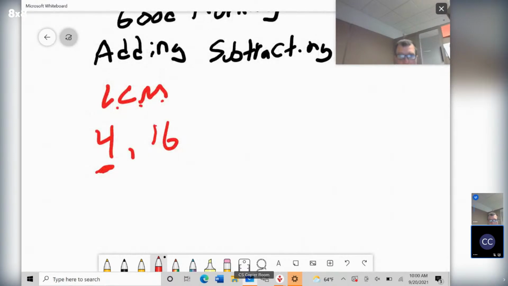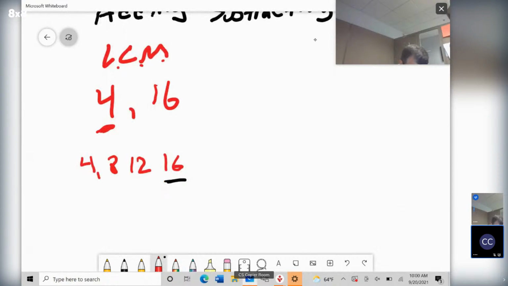We can just basically show all the multiples of 4. So 4 would be 4, 8, 12, and 16. And then if we do 16, I'll just do it out. It'll be 16, 32, 48, and 64.